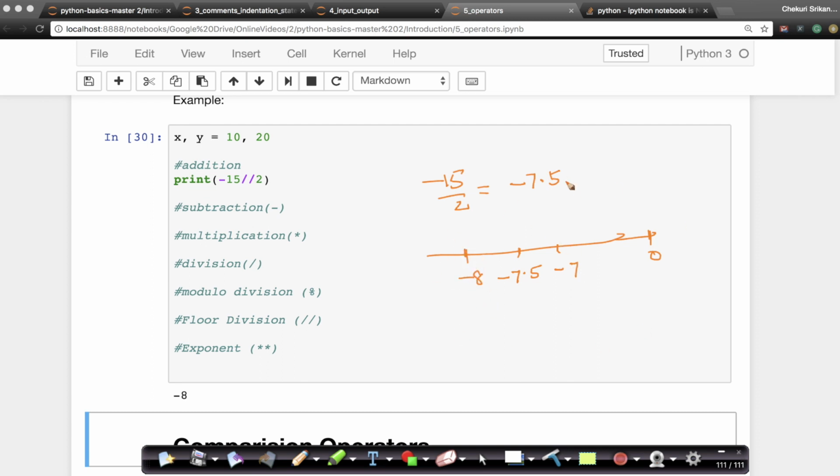In a floor operation, you should find an integer, which could be a negative integer, that is closest to my number but still less than it. That's why you get minus 8 and not minus 7. This is important when you're doing a floor operation. So the floor of minus 7.5 is not minus 7, it's minus 8. A lot of people get this wrong.